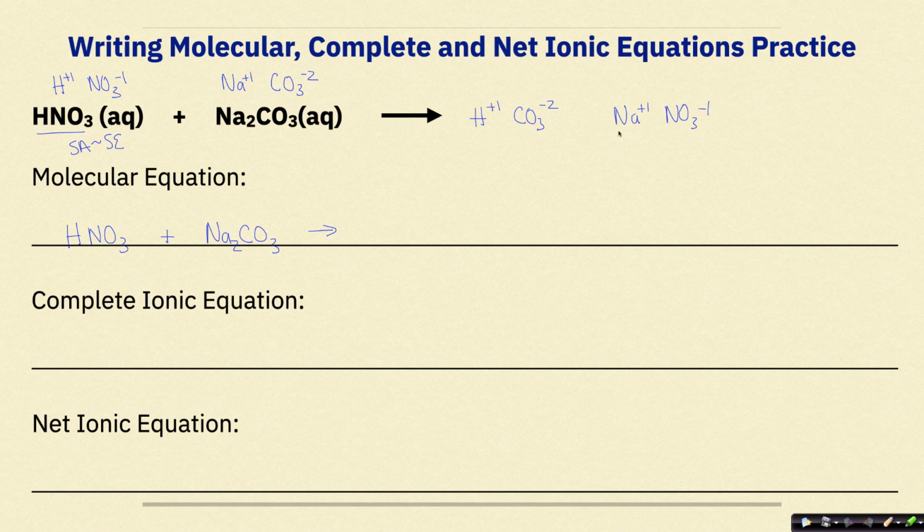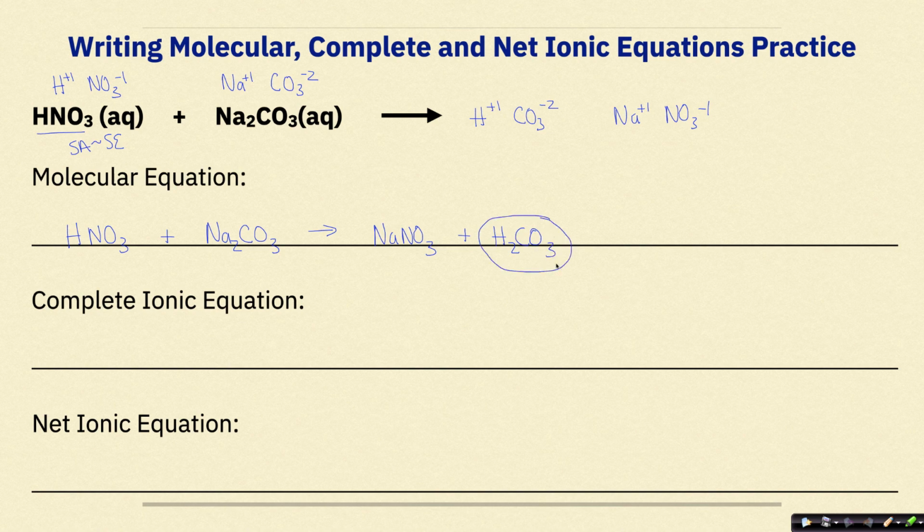So let's start with the Na plus 1 and the NO3 minus 1. When I do my chemical formula here, it's going to be NaNO3.